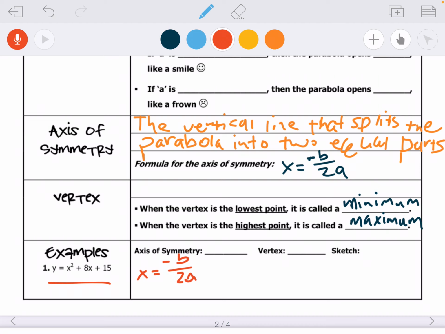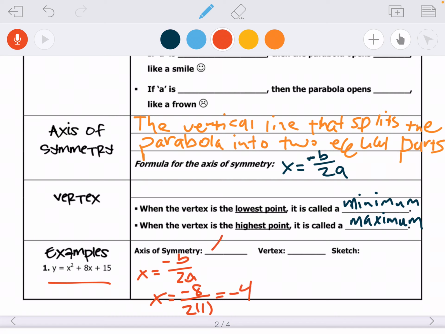Well, they come from the quadratic. b is always that middle term. So we have negative b, which is negative 8, over 2 times a. In this example, our a is 1. So negative 8 over 2 times 1 is negative 8 over 2. So our axis of symmetry is negative 4.